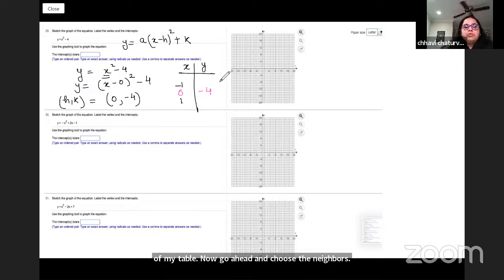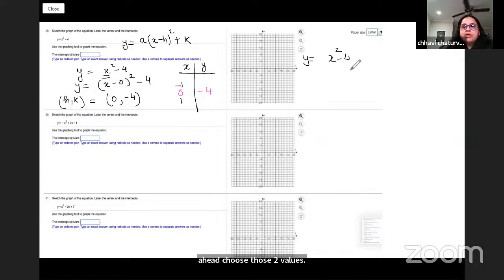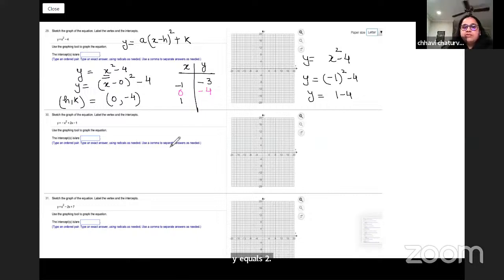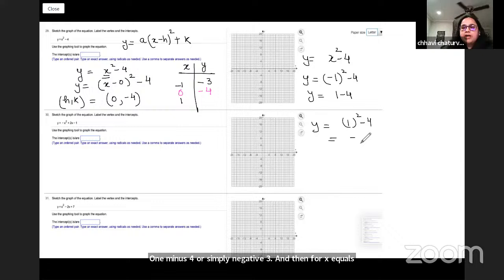In the exam, you will not have enough time, so just choose those two values and input them in the given equation. For x equals negative 1, we get y equals 1 minus 4, or simply negative 3. And for x equals positive 1, you also get y equals negative 3.